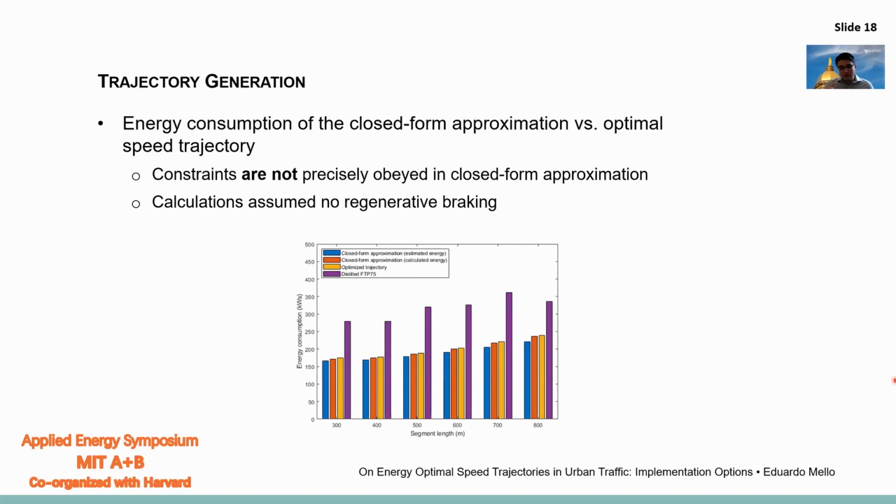And the bars in yellow represent the actual optimum speed trajectory generated for each one of these trajectories. You can see the closed form approximation utilizes a little less energy than the optimum speed trajectory. That is the case because while the optimum trajectories strictly follow all the constraints posed in the optimization problem, the closed form approximation does not. Each one of these trajectories represents significant savings in comparison to the distilled version of the FTP75.